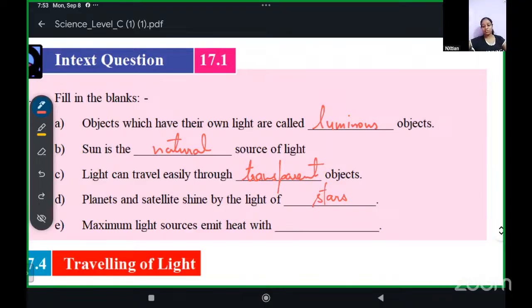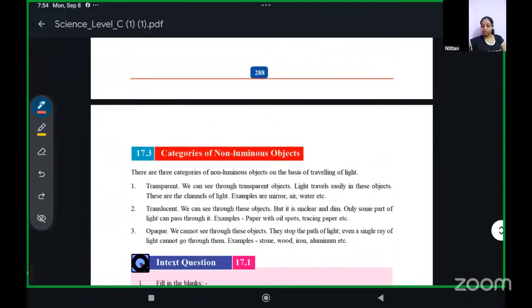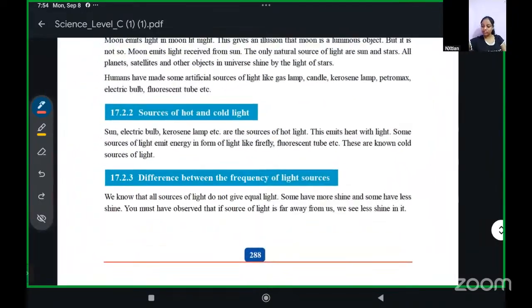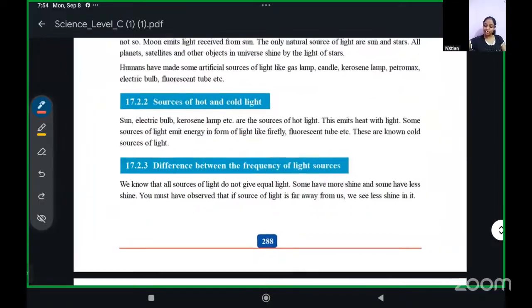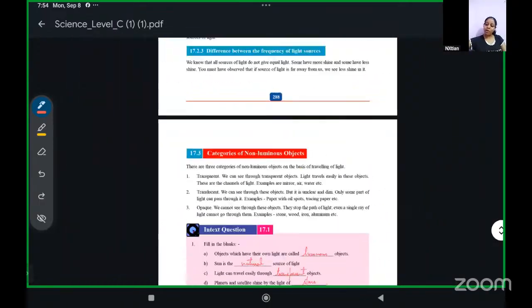Maximum light sources emit heat with light, or energy.